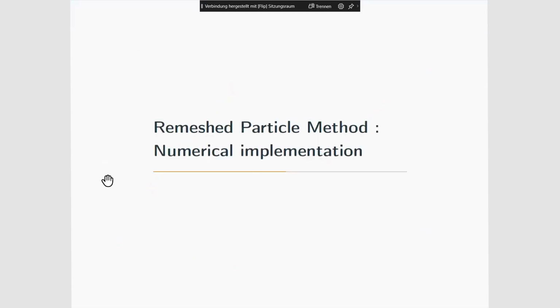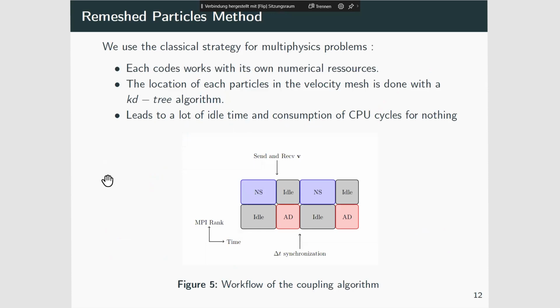Okay, so how did we implement it? As it is a multiphysics problem, a classical way to deal with those problems is to use separate resources. One to solve the Navier-Stokes equation, and on the other side, another group of processors deals with the advection diffusion equation.